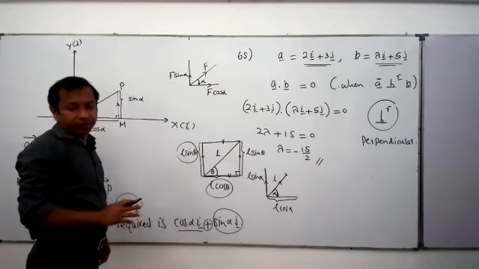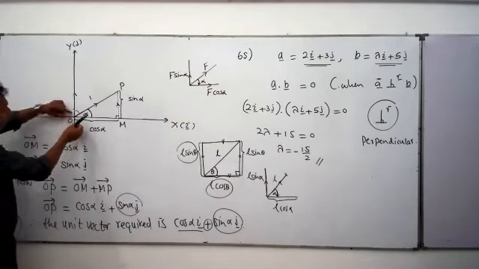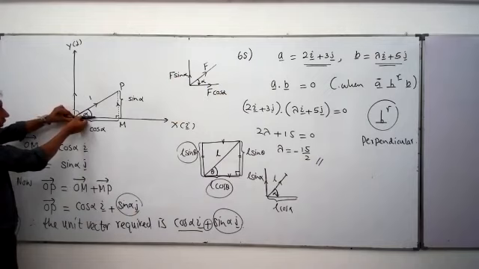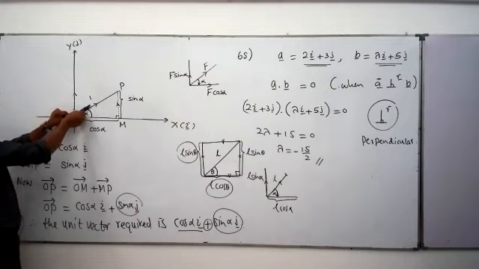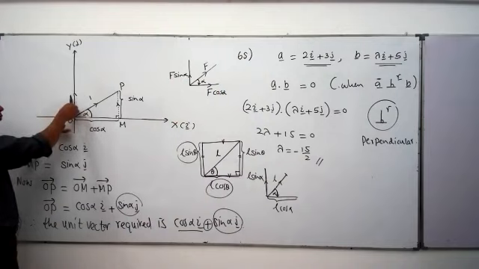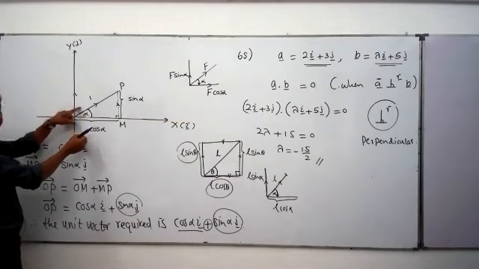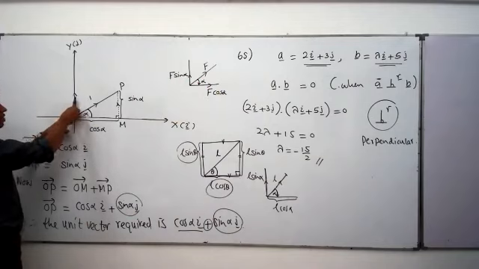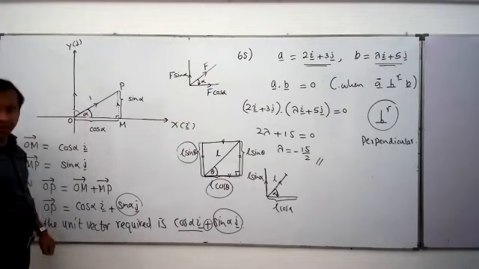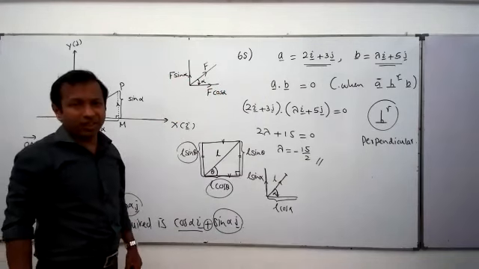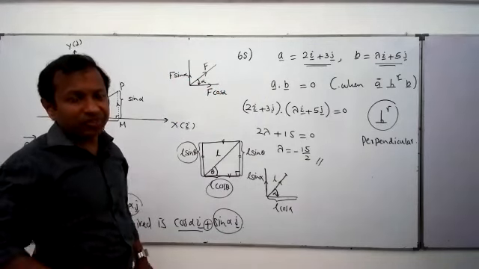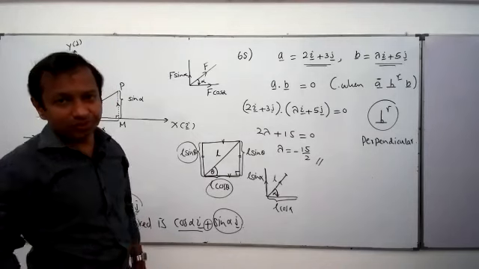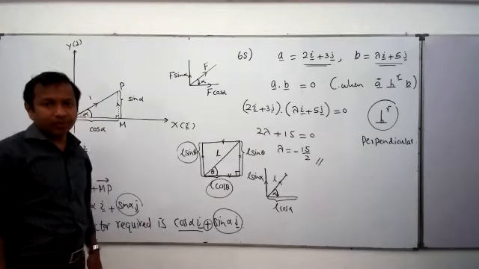The same way, people, bring this i onto this OP. Then we get i cos alpha. Right? And bring this j onto this OP. Here we don't have angle alpha. Then this is j sin alpha. Right? Just take this one. Don't take it seriously, because I have to do another question. That's why I am doing this one.